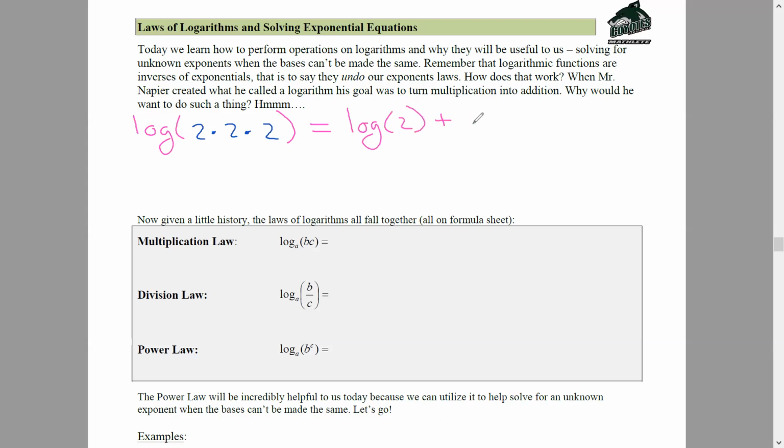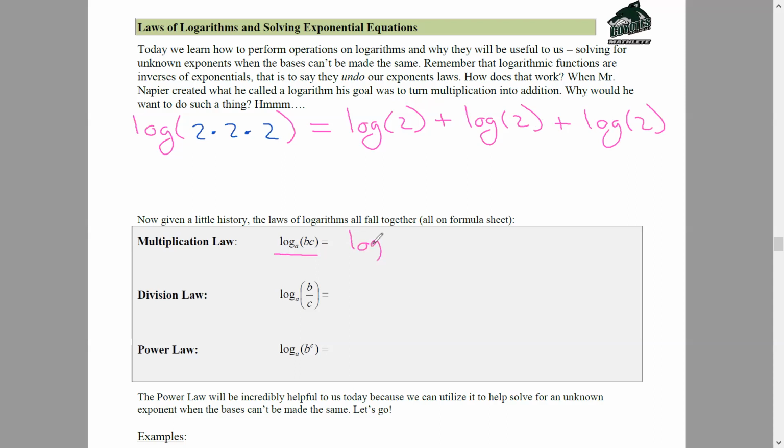So if I want to turn multiplication into addition, I can do that using logarithms. Okay, right there is our very first law.